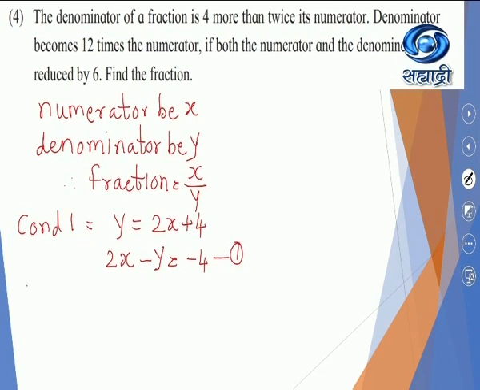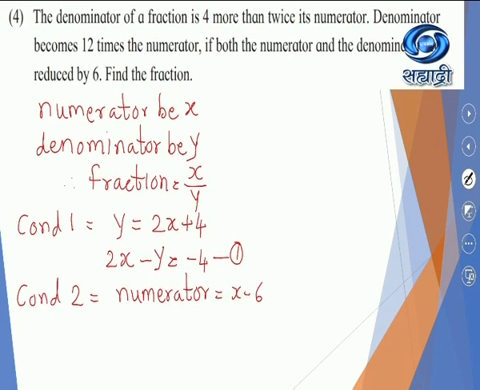Now condition 2. What is that? It is numerator is reduced by 6. So numerator becomes x minus 6, right? x minus 6 because it has been reduced.